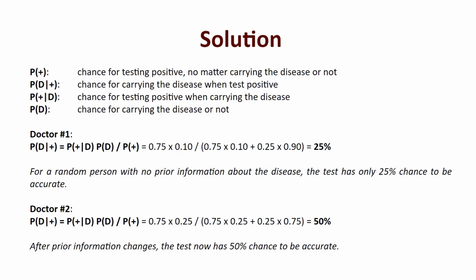So with all the numbers plugged in, you get 25%. That's the chance that you carry the disease while testing positive. For a random person with no prior information about the disease, the test has only a 25% chance to be accurate, mainly because the big majority of the population, like 90%, doesn't carry the disease.